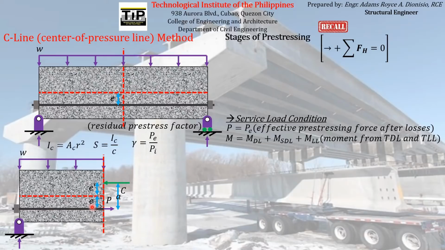Summing all of the horizontal forces, P is pointing rightward, so it has a positive sign, while the total compressive force C is acting leftward, so it has a negative sign, but I just move it to the right side of the equation to show that the total compressive force acting on the concrete is equal to the magnitude of the pre-stressing force acting on the pre-stressing reinforcement.